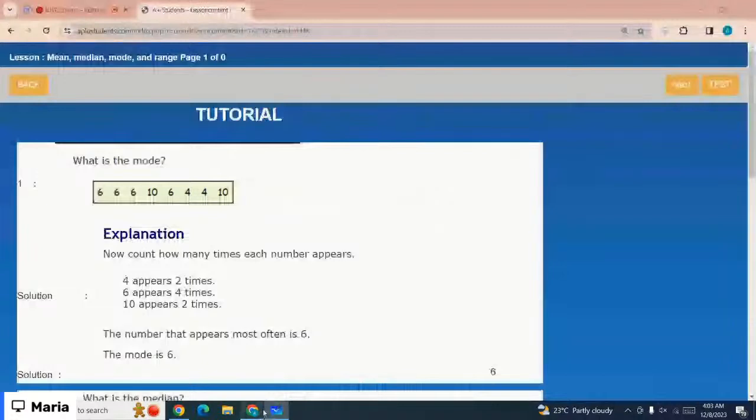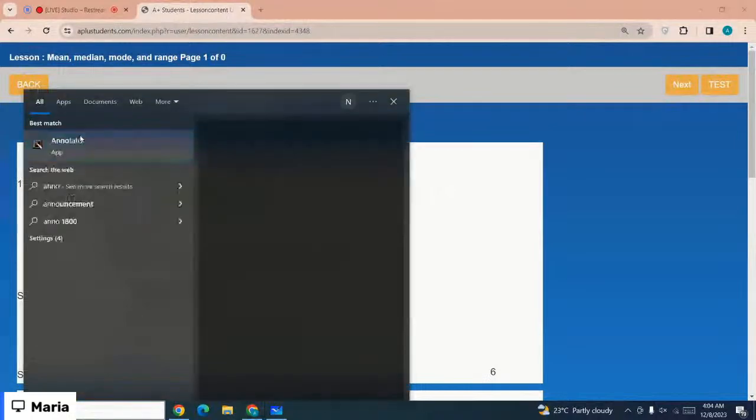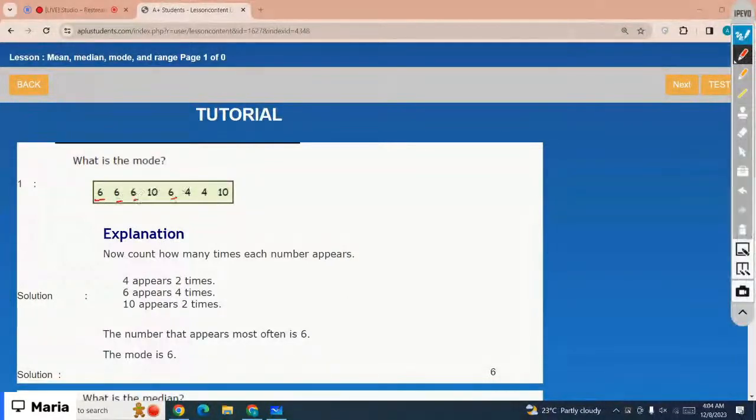The numbers given are 6, 6, 6, 10, 6, 4, 4, and 10. You have to see which number appears most of the time in the data. You can see here you have 6: 1, 2, 3, 4 times you have 6 in the given data. 6 appears 4 times.